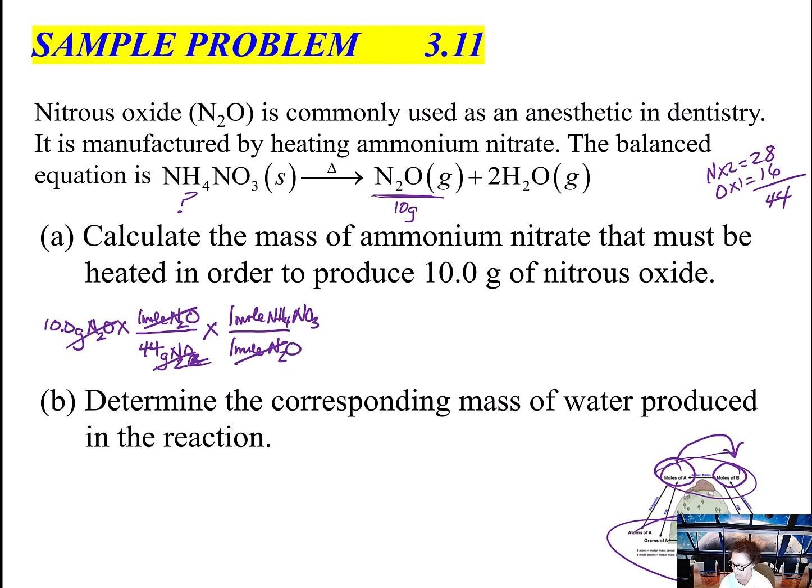But it doesn't want moles of ammonium nitrate, it wants grams. And so what do I have to do to get to grams of ammonium nitrate? I'm going to have to use the molar mass of that. The molecular weight or molar mass of ammonium nitrate, I went ahead and calculated it for us earlier, is 80 grams in 1 mole.